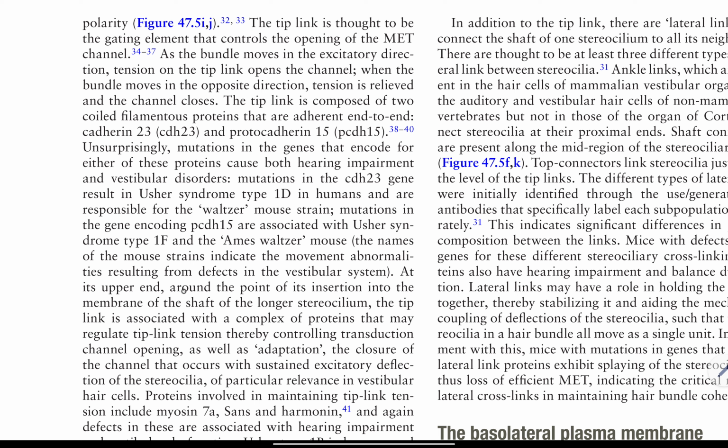At its upper end, around the point of its insertion into the membrane of the shaft of the longer stereocilium, the tip link is associated with a complex of proteins that may regulate tip link tension, thereby controlling transduction channel opening, as well as adaptation, the closure of the channel that occurs with sustained excitatory deflection of the stereocilia, of particular relevance in vestibular hair cells.